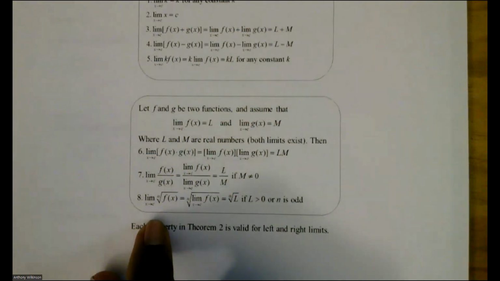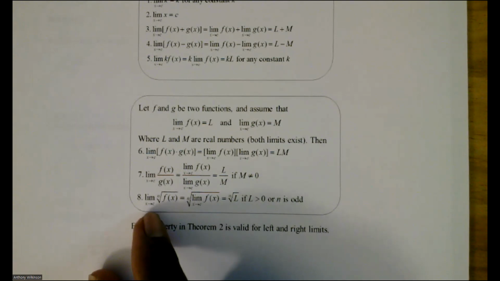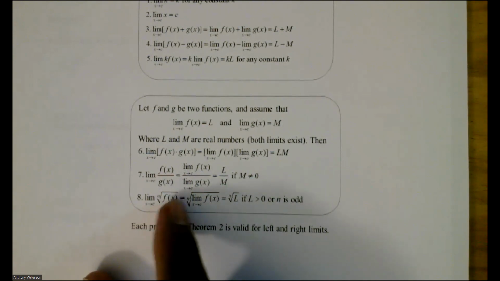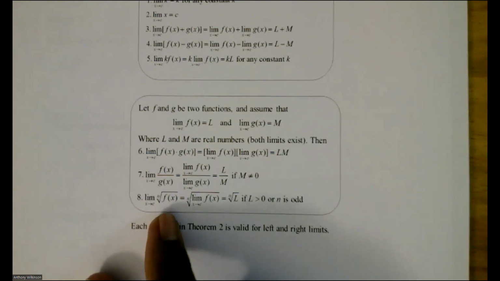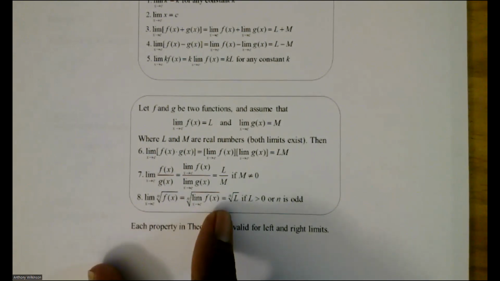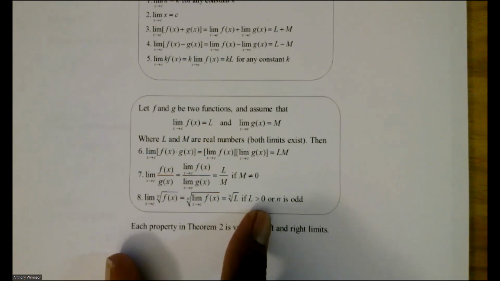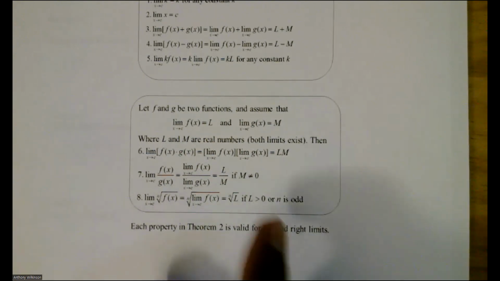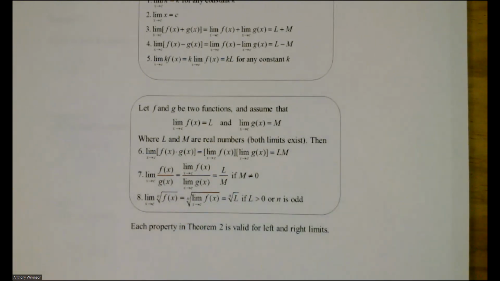This one deals with the nth root. The limit as x approaches the constant of the nth root of the function f of x. That means we can do this: the nth root of the limit as x approaches the constant of f of x. So it'll be the nth root of L, if L is greater than 0, or if your n, which is your index, is odd.